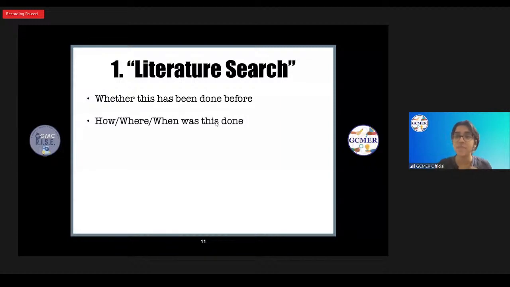So now we have better methods to evaluate things, and that's why it might be very well valid for you to do that research now, even if it has been done before, as long as it's been done way back. And when you do this literature search, you also find out what they found out, right?